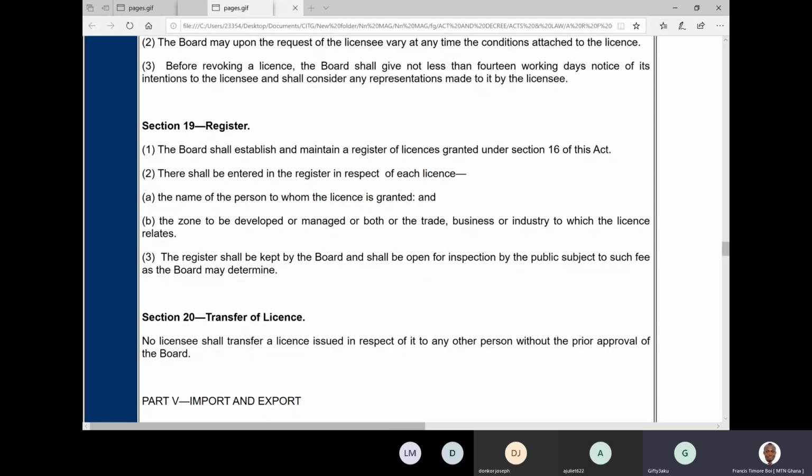We need an assessment of the free zone, and someone can take it as a project, an impact assessment or economic impact assessment of the free zone enterprise since 1995, the good, the bad. So who will do it for us? We can do a project and put it in place and we'll get money. Or what do you think?